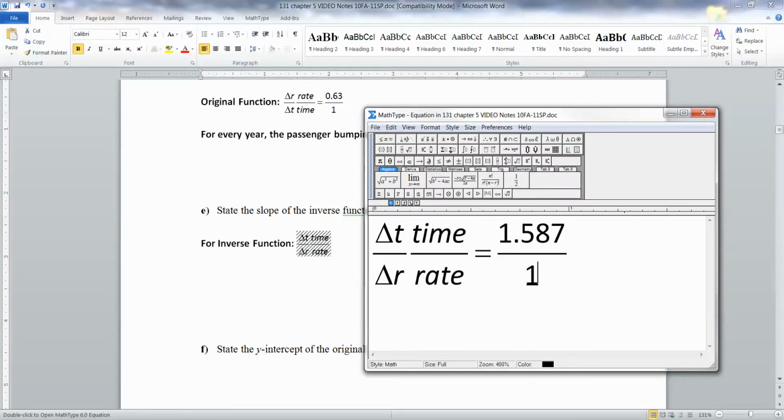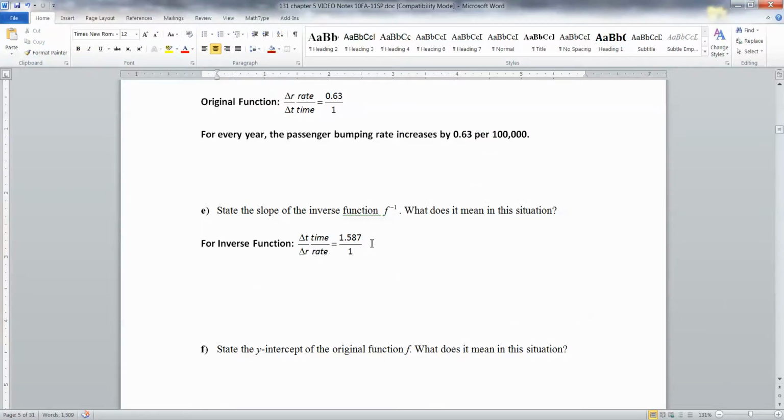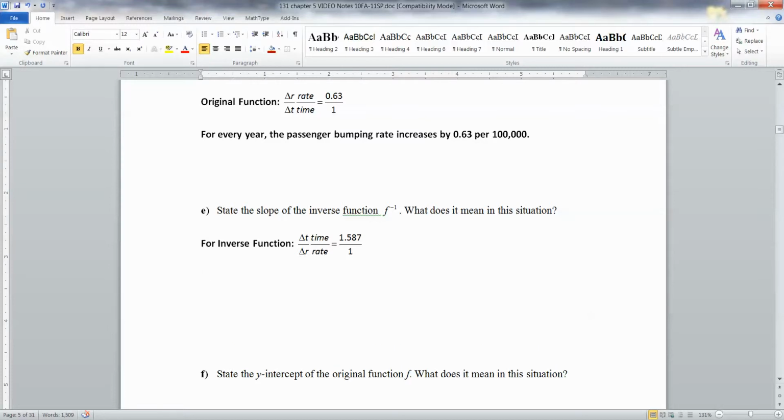So 1.587 over 1. Now, what does it mean? That's the tricky part. The time is 1.587. The passenger bumping rate increases by 1 per 100,000. The 100,000 is just because that's the unit.